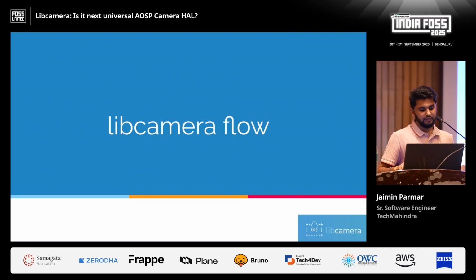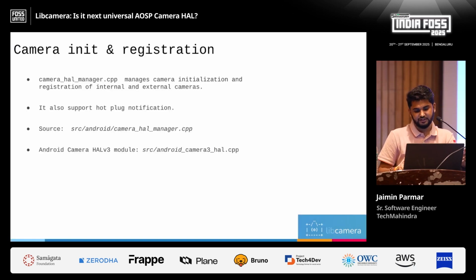Okay, so now we will take a look into the Libcamera initialization flow. Once your library is loaded by your Android HAL, Libcamera is like a plug and play module.